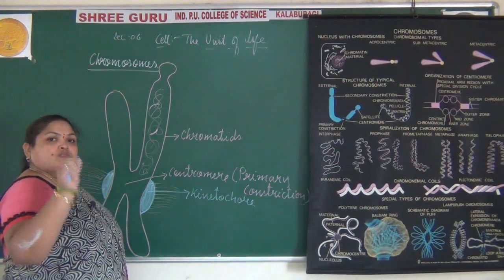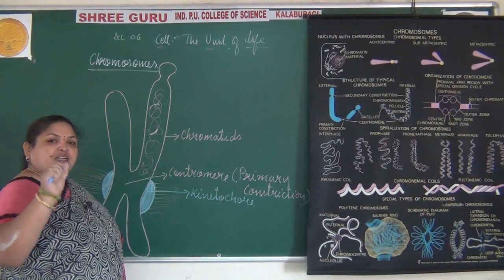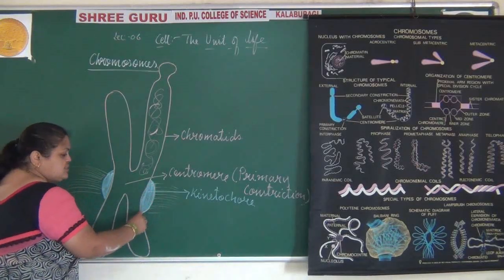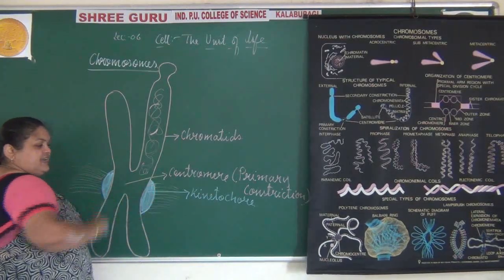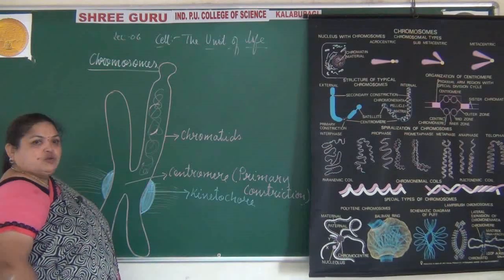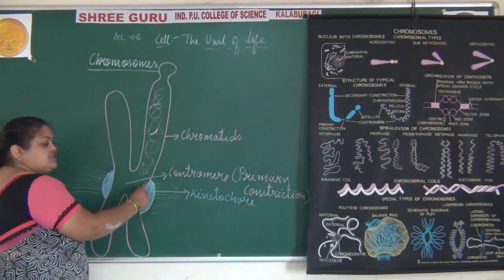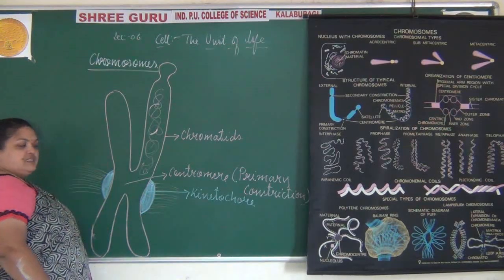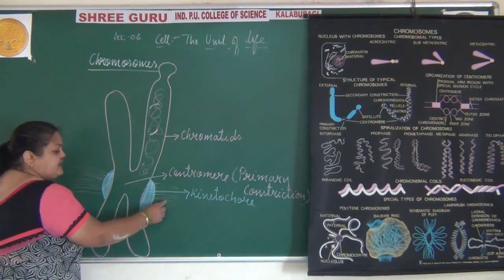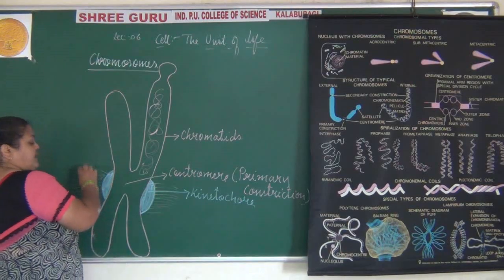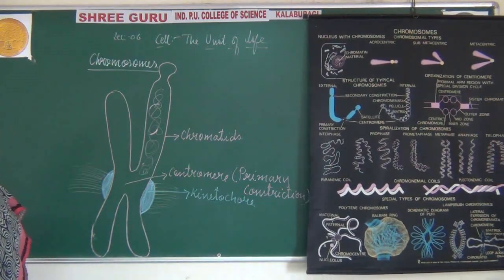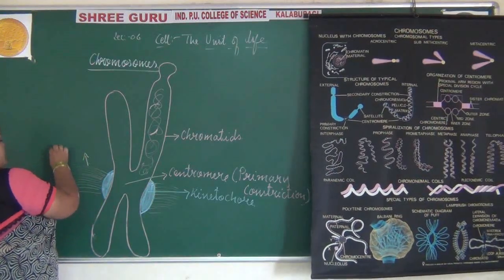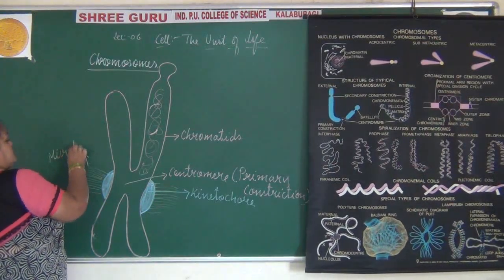The centrioles will produce the spindle fibers, and those spindle fibers get attached to the kinetic core of the chromosomes. It is the proteinaceous band present around the centromere, surrounded by microtubules.